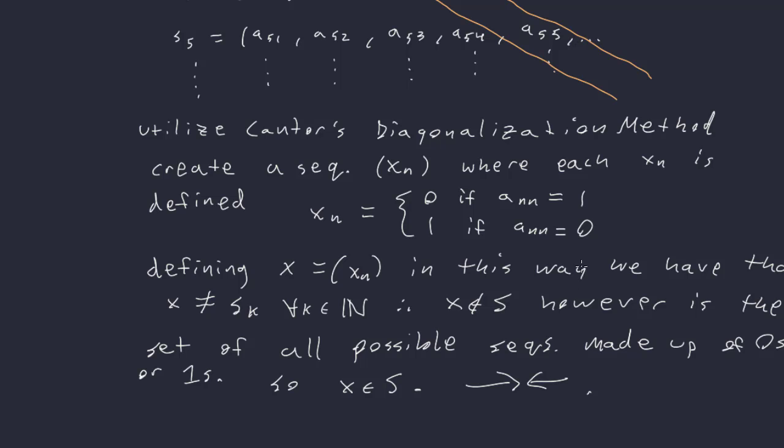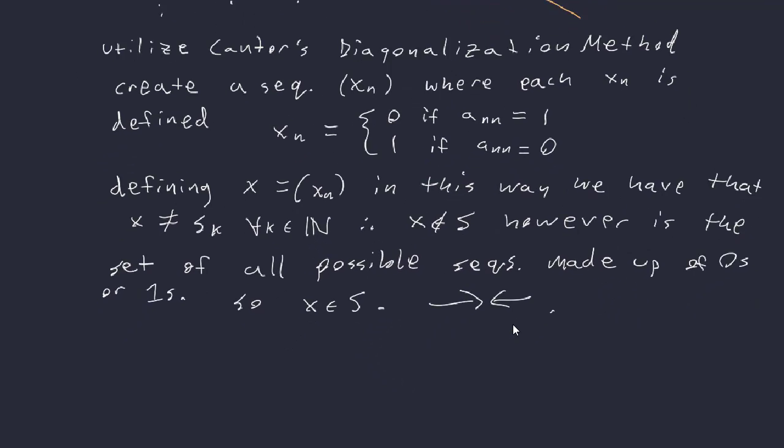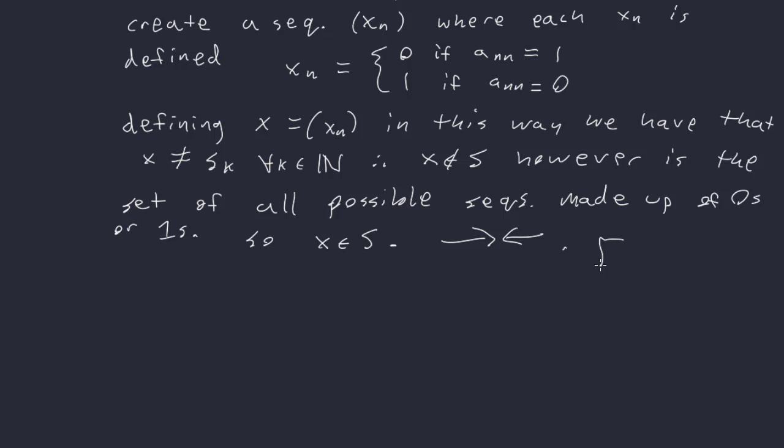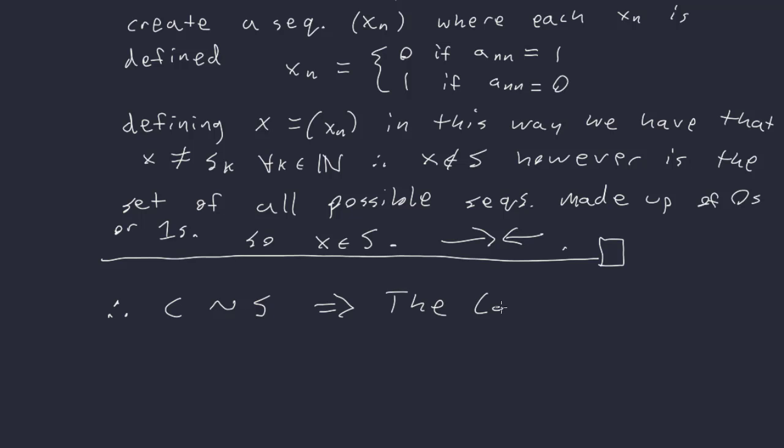Now this is not a super formal proof in any way, it's more like a sketch of a proof. So what this essentially gives us is that C is cardinal to S, implying that the Cantor set is uncountable.